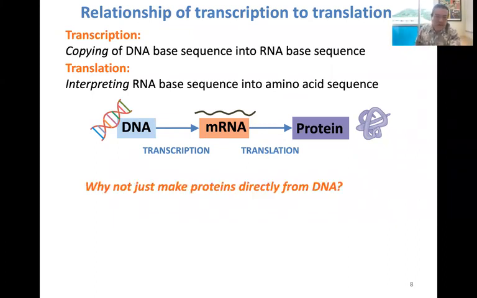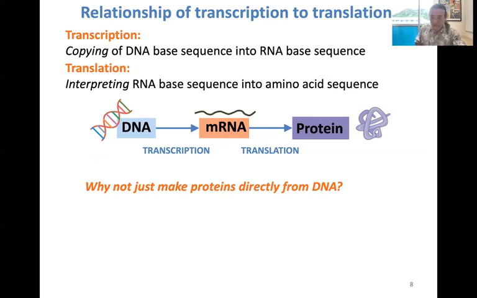So you might say, well, I don't get it. How come this seems like a roundabout way to make a protein? If the genetic information is all contained in the DNA, how come our cells don't just make proteins directly from the DNA? Because then that would have the utmost integrity. The genetic information would be most accurate there.